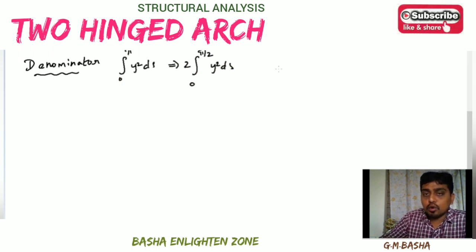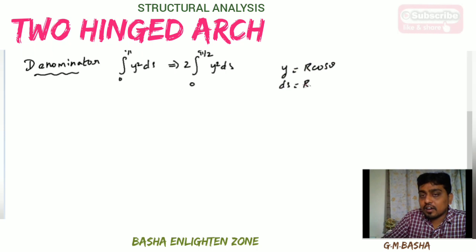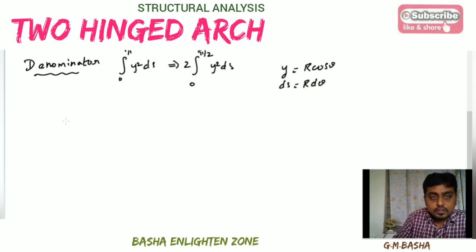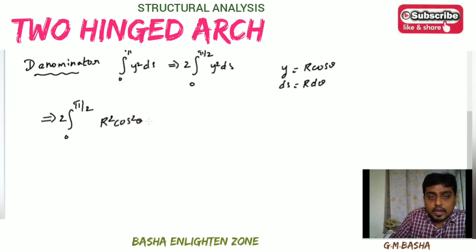So here I am solving that one step by step. So already people know, according to the given figure, y equal to r cos theta, ds is r into d theta. So I am taking here 2 times of 0 to pi by 2, y square means r square cos square theta, again ds means r d theta.